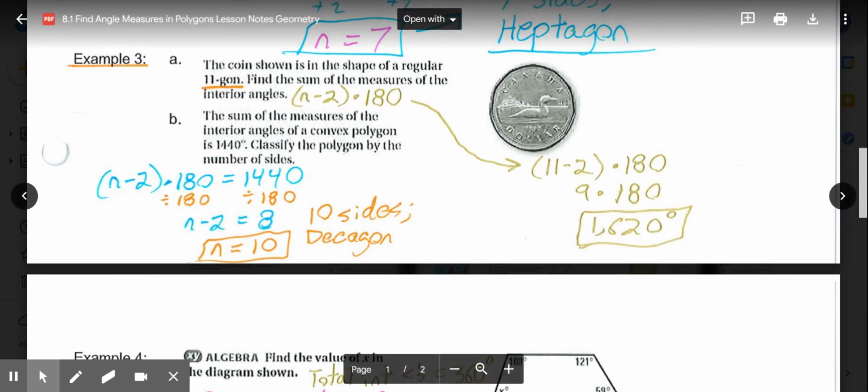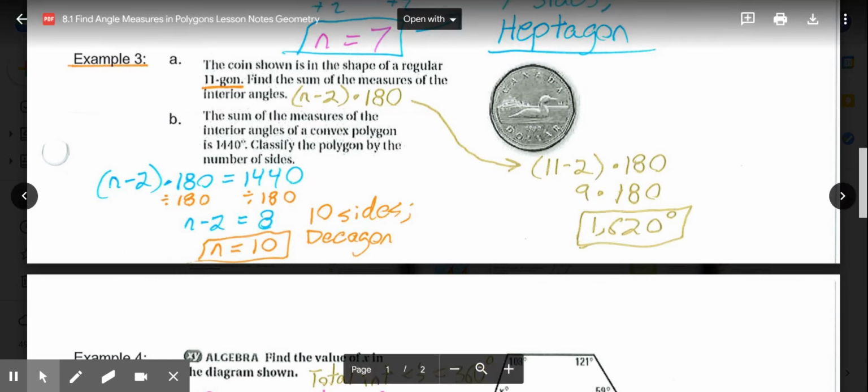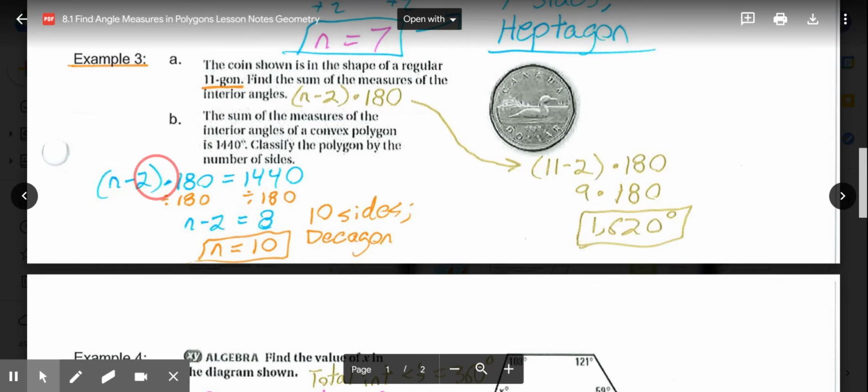Then in part B, it says the sum of the interior angle measures of a convex polygon is 1,440 degrees. Classify the polygon by the number of sides. Again, they gave us the total, 1440, so that would equal (n minus 2) multiplied by 180.